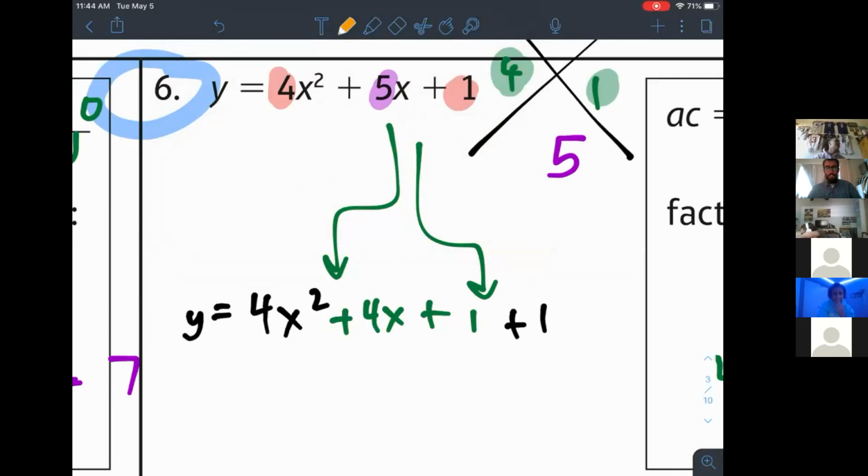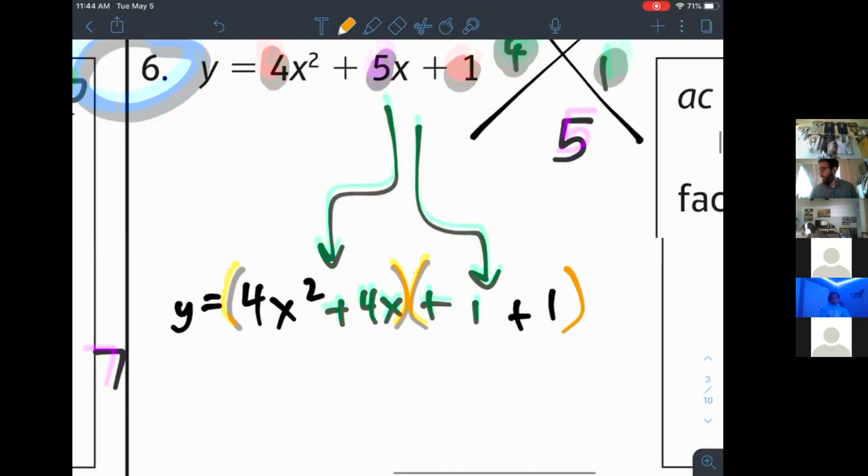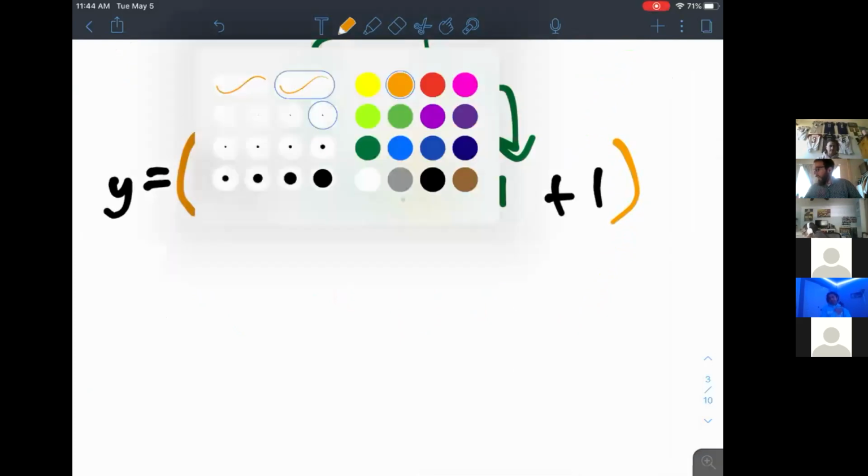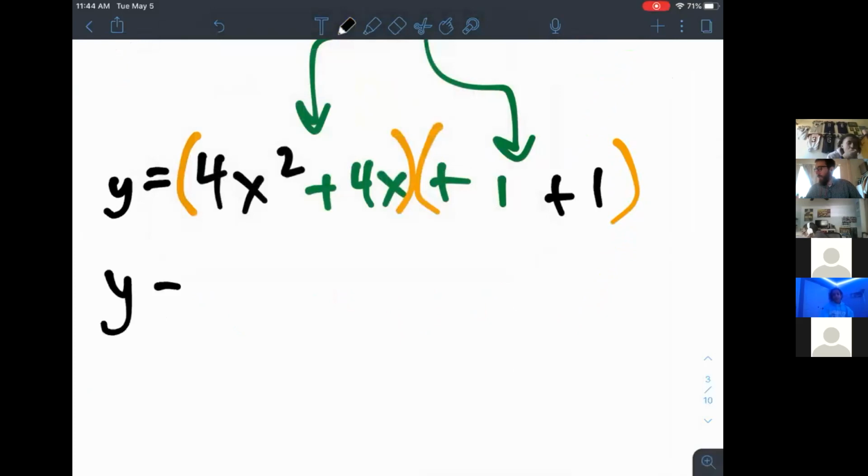It starts with a G. Ends in grouping. Grouping, there it is. We group it. Now that we have uncombined it, we have the ability to make two groups of two. Cool, so we are now in the group situation. Thanks, Zaid, for that.